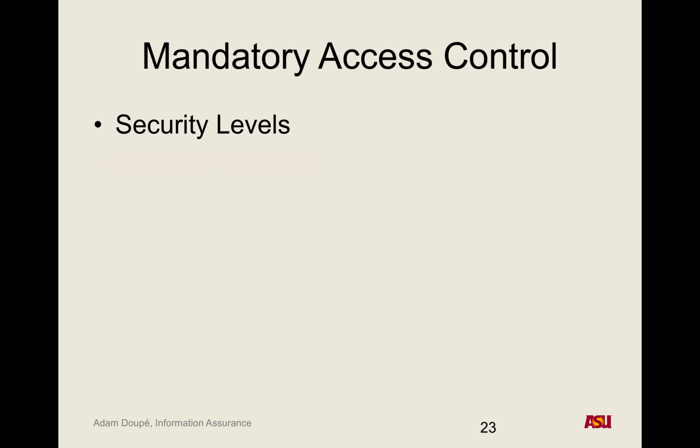And so this is why we think of them in terms of levels. You have this hierarchy of levels. It basically means that if some top secret information were to leak out, that would be way worse than classified information leaking out, right?